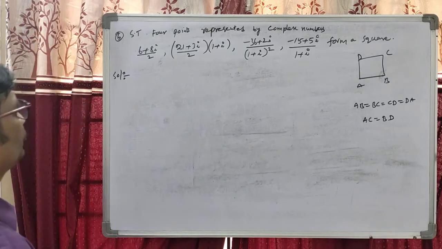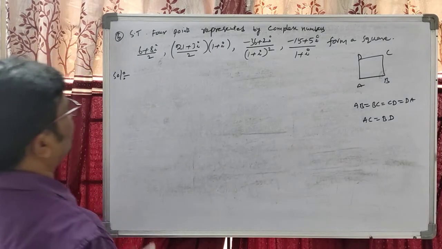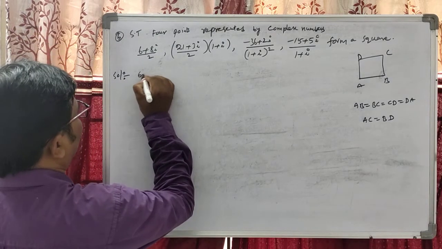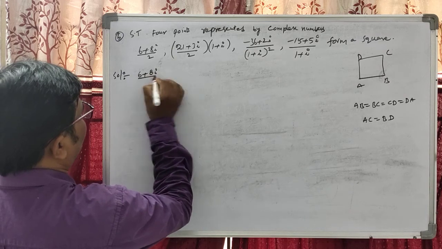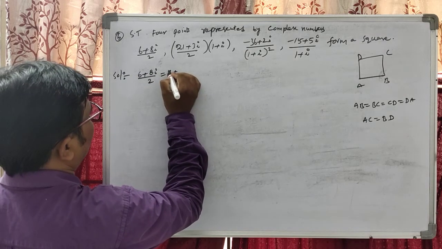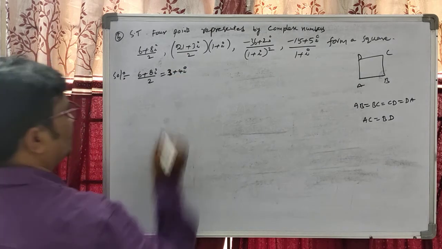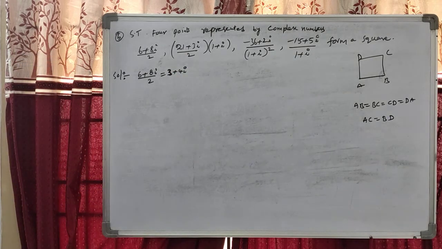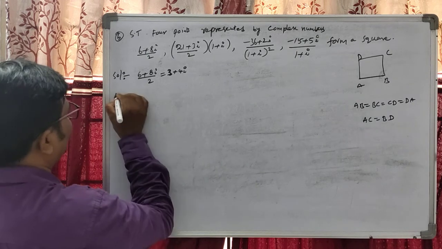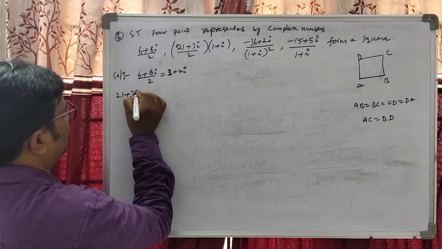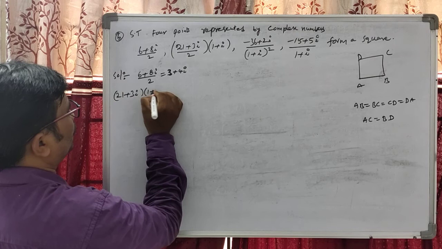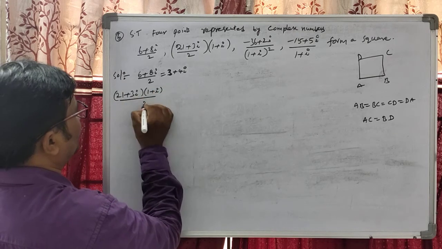So students, for the given points, first you can simplify this one: 6 plus 8i by 2. This is 3 plus 4i. Next, 21 plus 3i into 1 plus i upon 2.